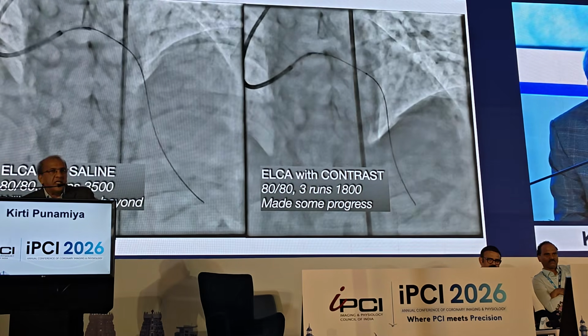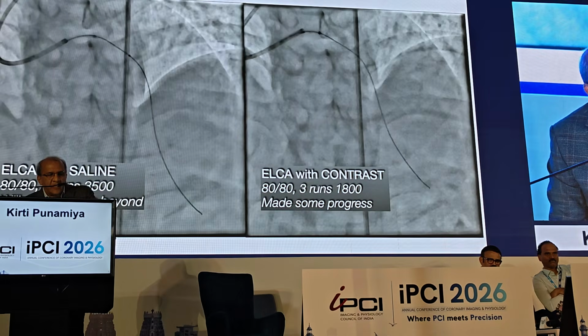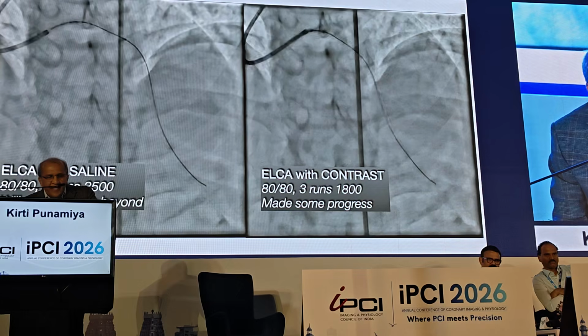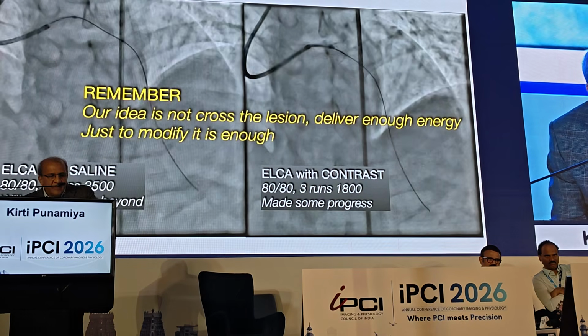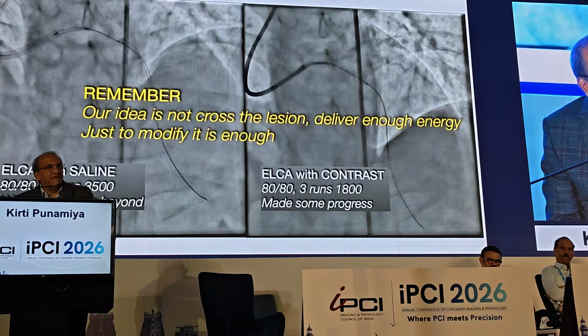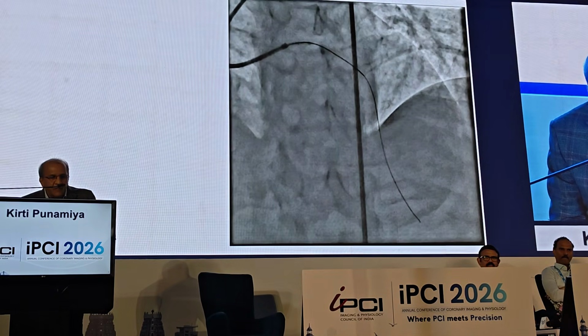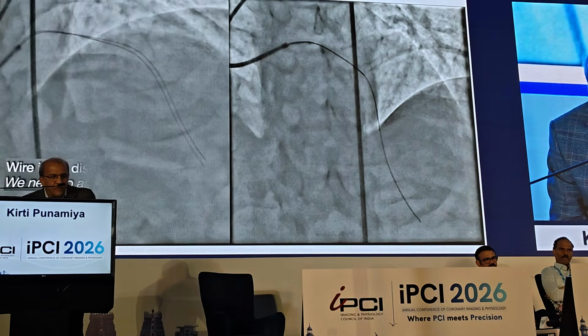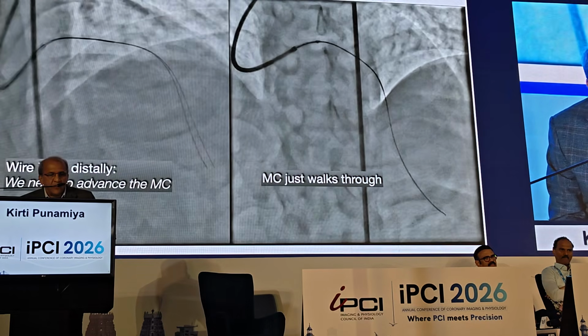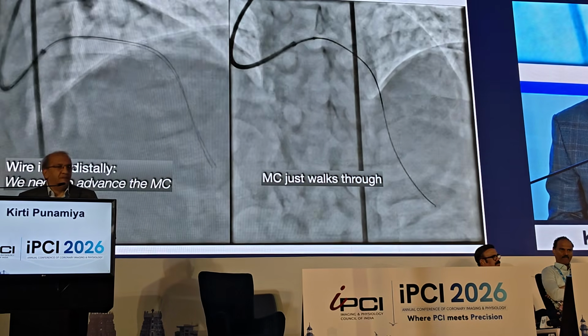But in this case, the ELCA still did not cross this one point. But what it managed to do is modify that lesion enough to enable my microcatheter now to slide into the distal. You can see my microcatheter just walks through, which it wasn't before.